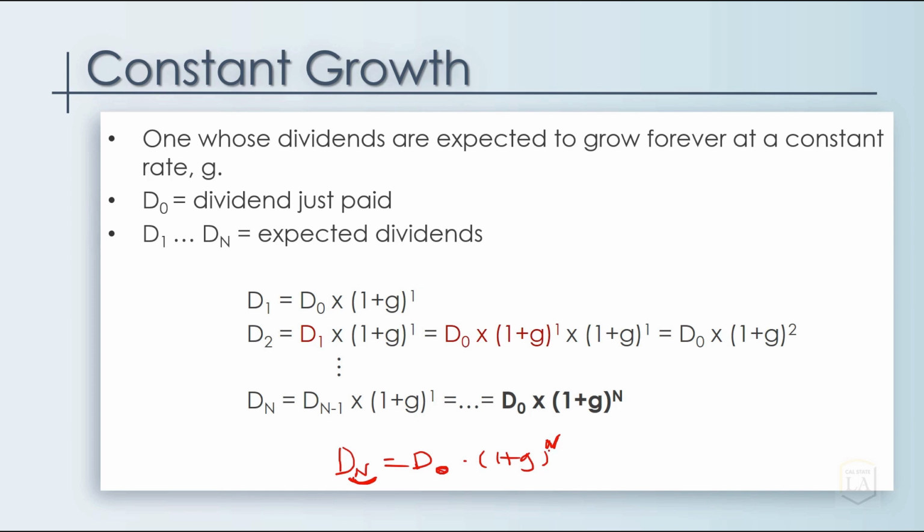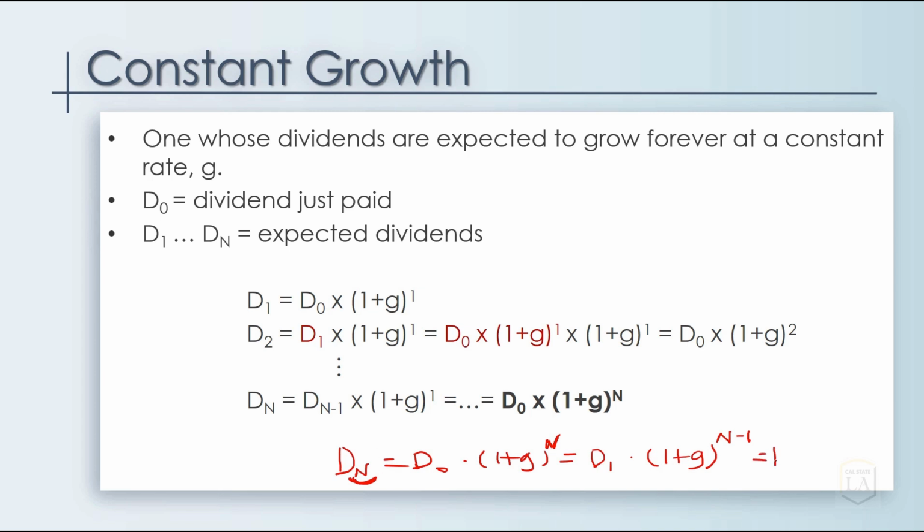For example, 0 plus n is equal to n. Whatever dividend you're using as your base dividend, you multiply that by 1 plus g to the power of the remaining time period, and it would give you the dividend of the period that you're looking for. For example, with dividend 1, you multiply that by 1 plus g to the power of the remaining time period until n, which would be n minus 1, and then you will have dividend n.